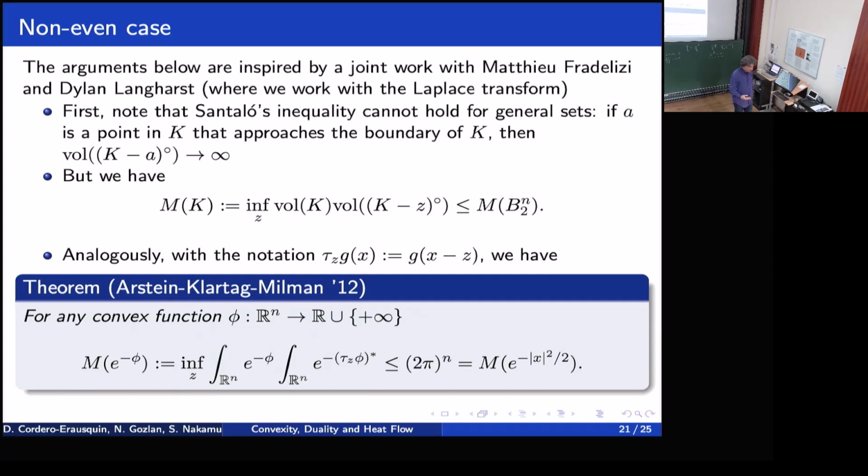And you have the functional version, which is the analog of Keith Ball's result, obtained by Artstein, Klartag, and Milman using this geometric result. If you take the infimum over translations of the previously defined volume product, so here again it does not change, but here it has an effect on the Legendre transform, then this is maximized by the Gaussian.